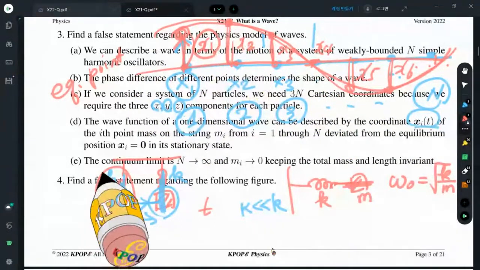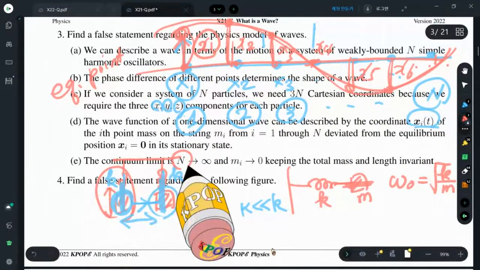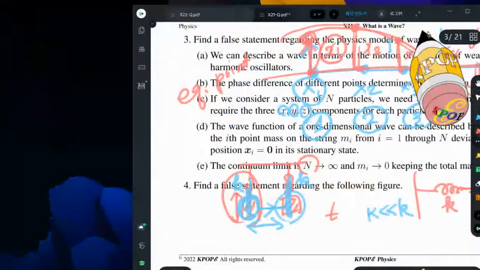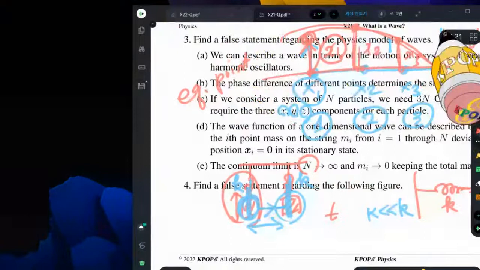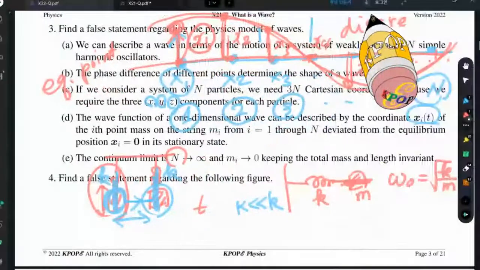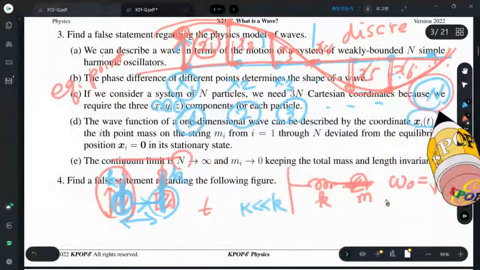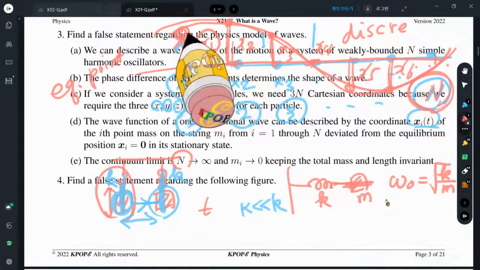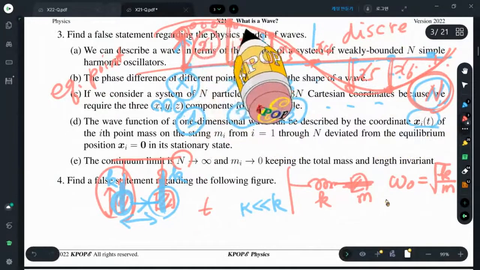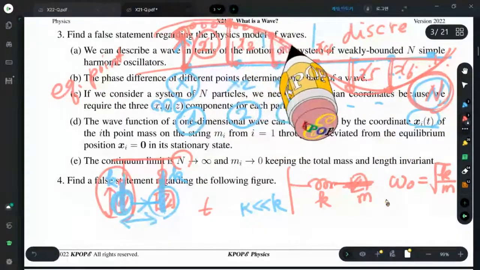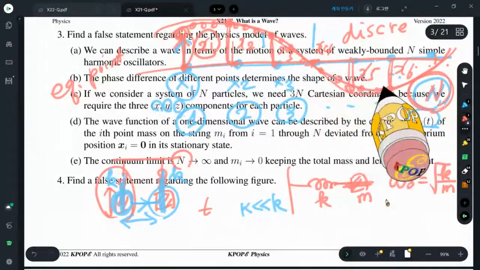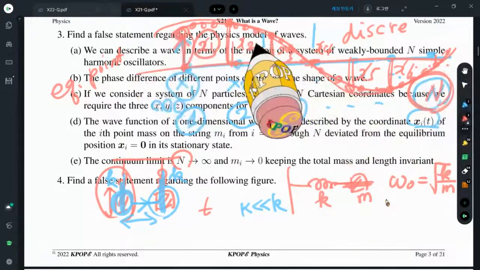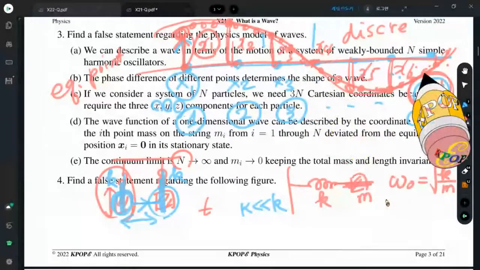Okay. The continuum limit. This is the discrete model, with N particles, so N is an integer. We say it is a discrete model. If we increase the number of particles attached to the string, then it becomes a kind of rope.